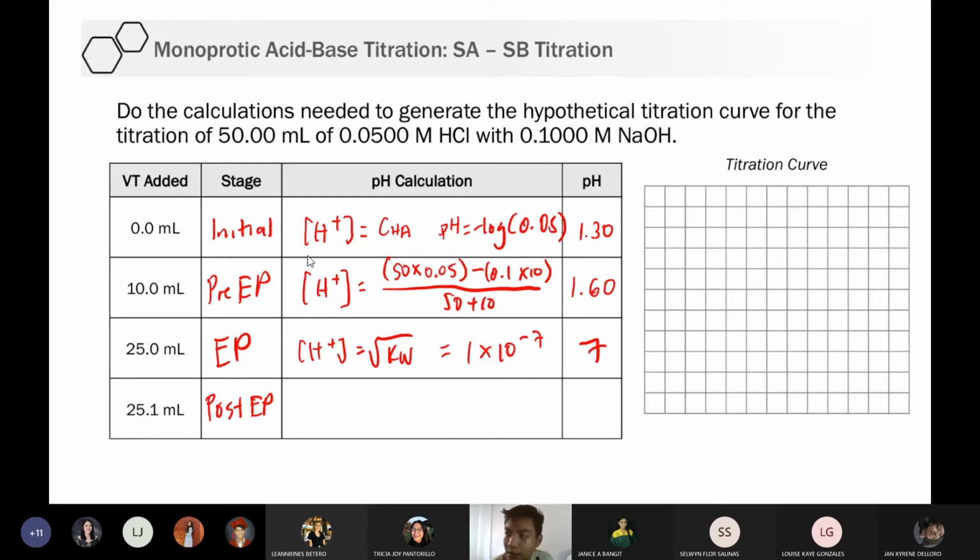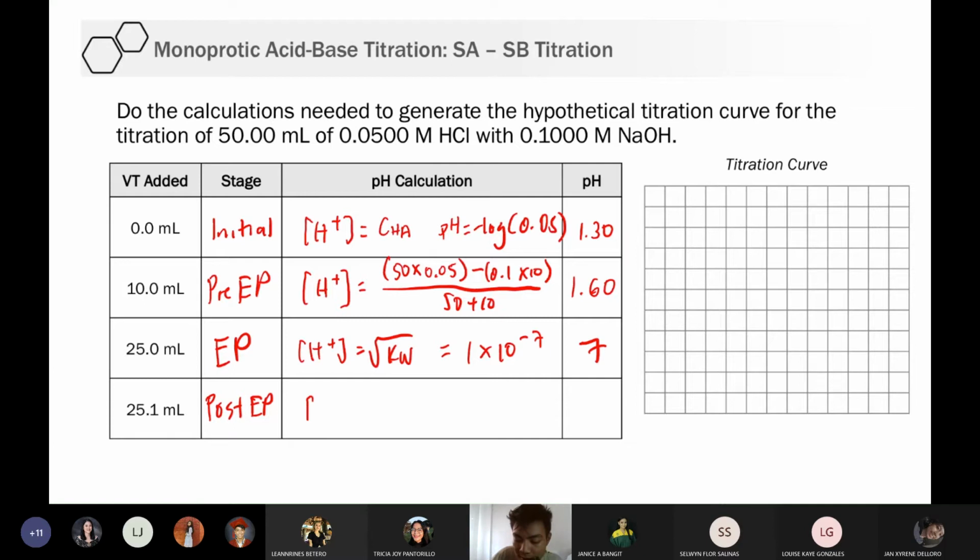Lastly, we are now at the post-equivalence point. Nagpas na tayo sa equivalence point. What does that mean? Ibig sabihin, marami ng base kaysa sa acid. Ibig sabihin, the excess base will account for the pH of the solution. Okay? So, yung excess base na yung dahilan bakit may pH reading tayo.